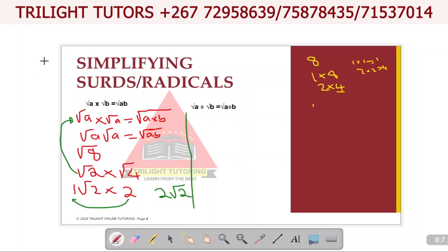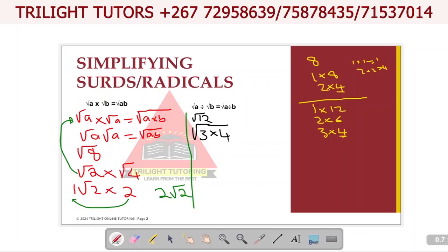Let's look at another example. Maybe you are given what? The square root of 12. What are we going to do? We are going to look for the factors of 12 that have a perfect square. So we know that 1 times 12 is 12, 2 times 6, 3 times 4. Now we can see that 4 here. So we're going to write 12 again as the square root of 3 times 4.